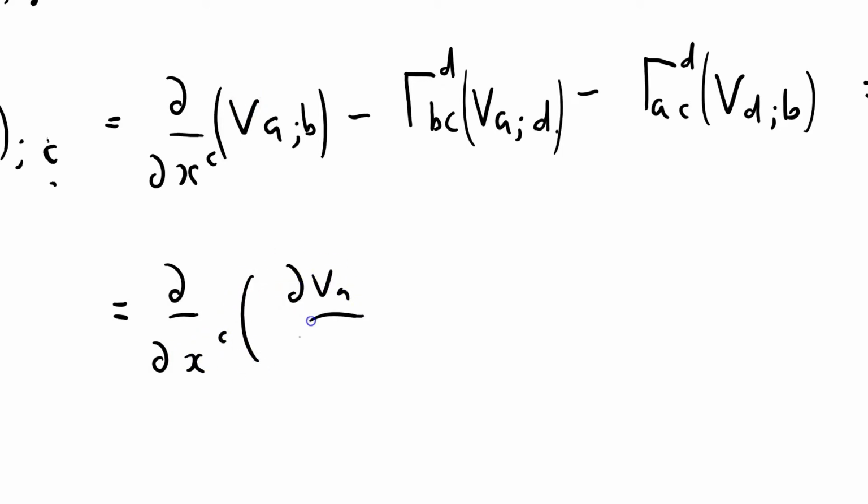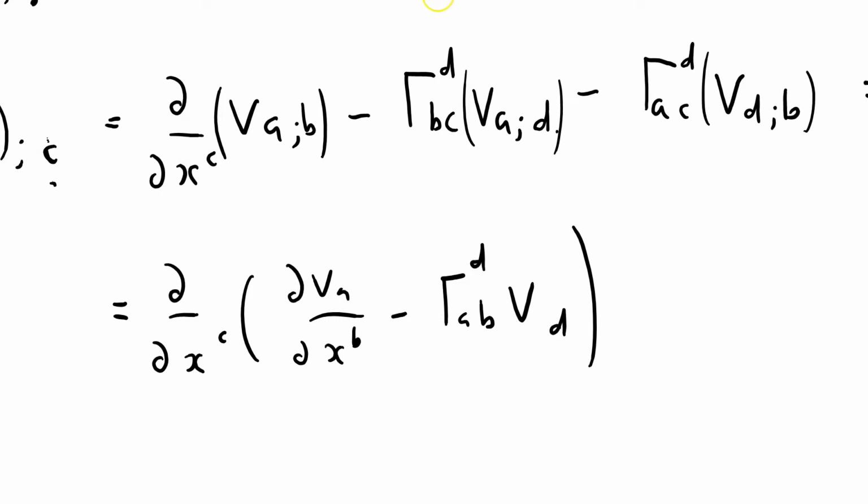So that's ∂V^A/∂x^B minus V, and then we're going to contract not on a C, on a D. And what have I got left? I've got A, B.